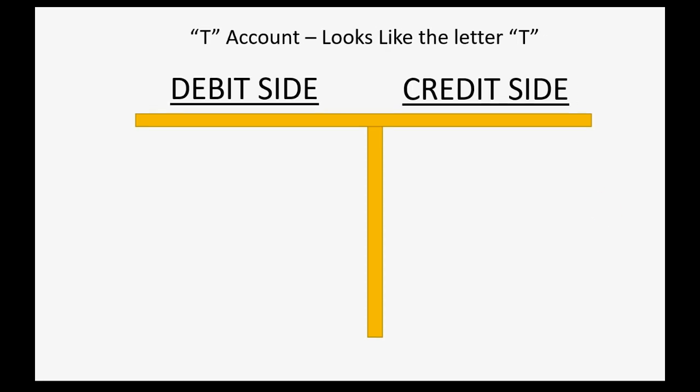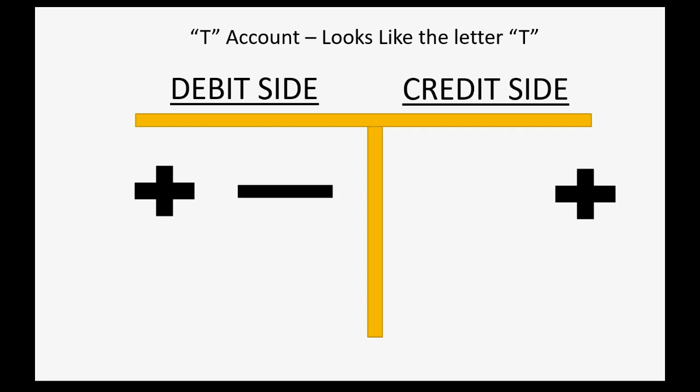Now here's what makes it challenging. Sometimes we put the positive numbers on the debit side, but if it's a different type of account in a different accounting category, then instead we're going to put the positive numbers on the right side, the credit side. And depending on the type of account, we might need to put the negative numbers on the debit side, which is the left side, but again, a different type of account in a different category would have the negative numbers listed on the right side, the credit side.